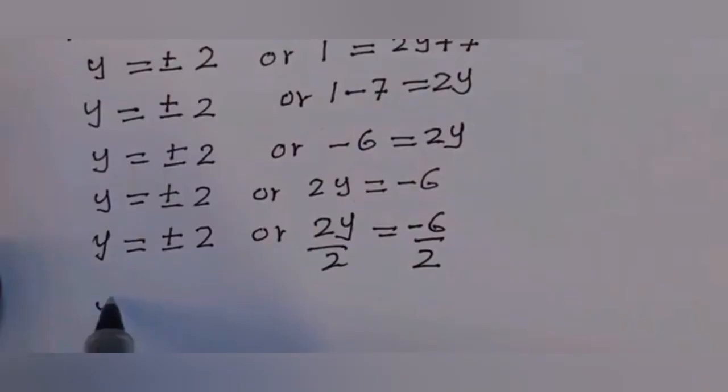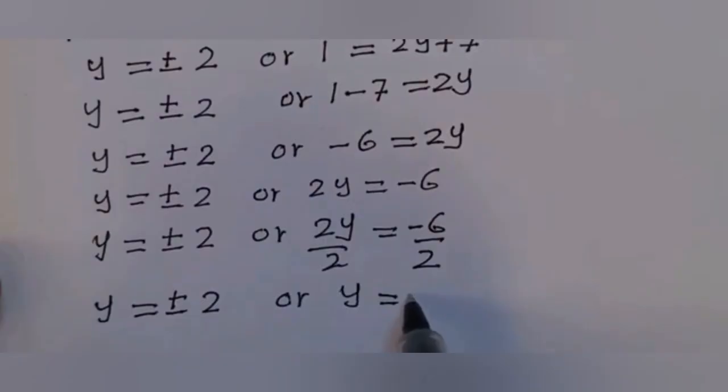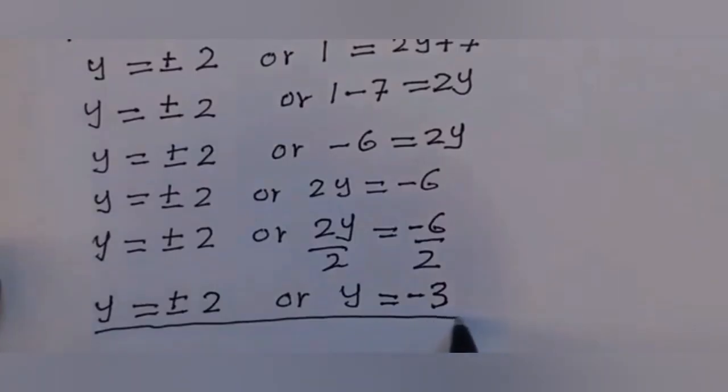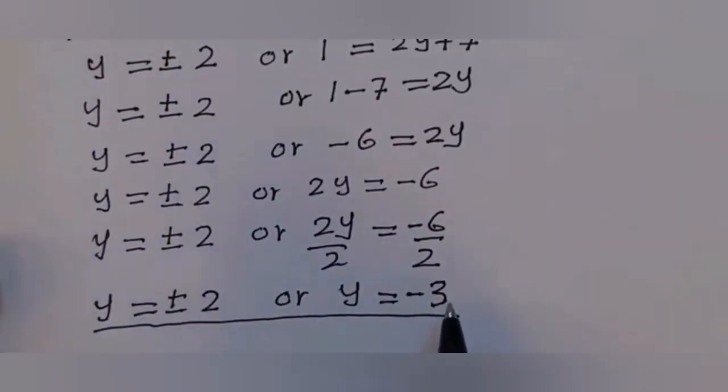So we get y equals plus or minus 2 or y equals negative 3. So we have got 3 values of y, which are negative 2, positive 2, or negative 3. These are the values of y.